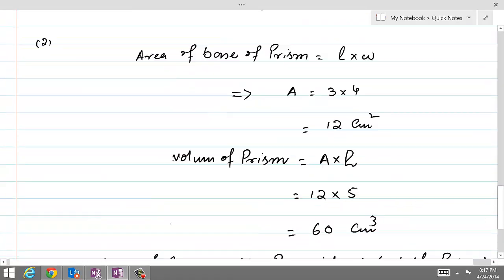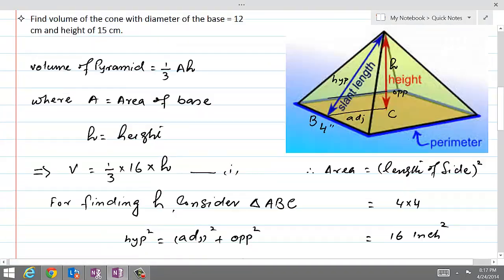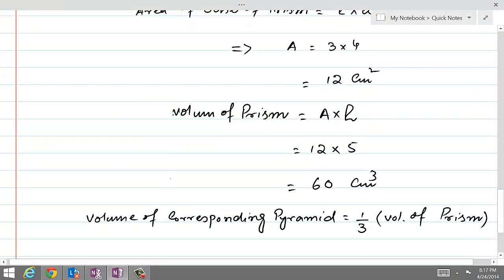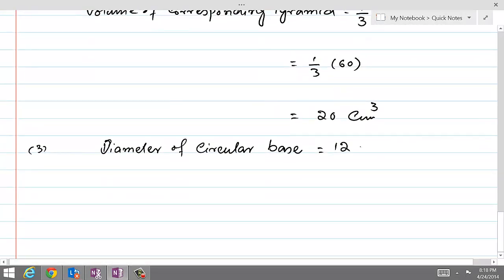What was this, feet or centimeters? These are centimeters. So if we have 12 centimeters as the diameter of the circular base, then radius R would be equal to 12 by 2, equal to 6 centimeters. That is the radius.